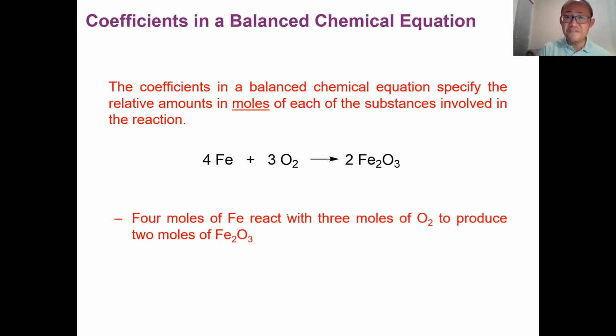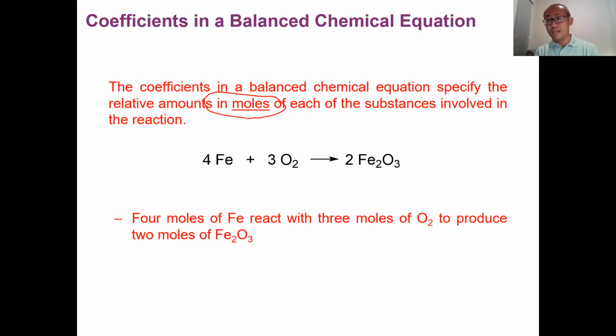The coefficients in the chemical equation tell us the relative amounts, in moles, of these substances involved in the reaction. They're not just numbers balancing the equation. They're actually the amounts of the substances in moles.